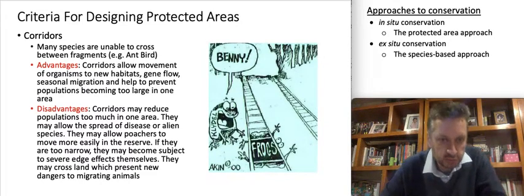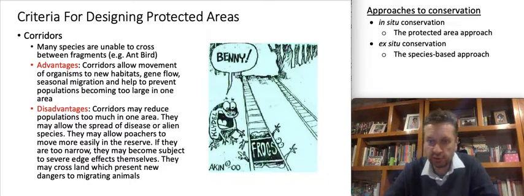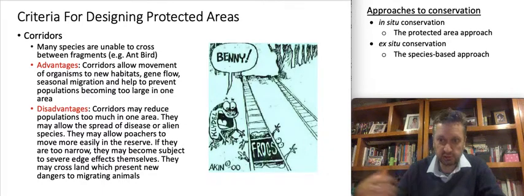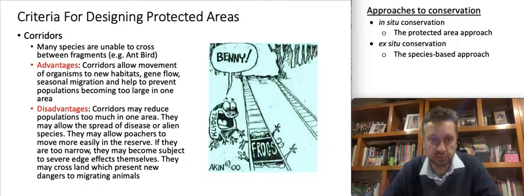One, corridors may reduce populations too much in one area, and you might still get this clumping of individuals or large populations in one part of your reserve and small populations in another. So they might allow equitable distribution, but they also might result in inequitable distribution of the population. They could allow alien species to spread or disease. Unfortunately, they might allow poachers to move more easily between one reserve and another, which is always not a good idea.